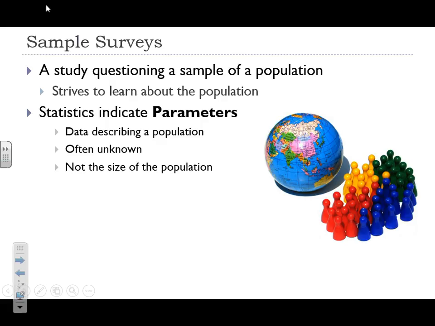So if I have access to my entire population, I get information from my entire population, and I calculate whatever value I was interested in, I am getting a parameter. I'm getting the exact value for my population of interest.